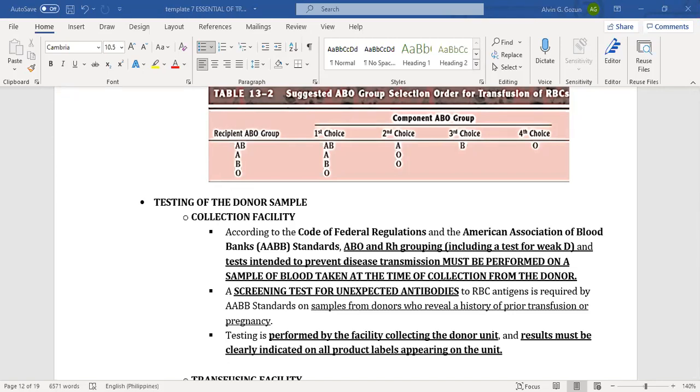Sige nga, i-check ko lang kung nagigets. Anyone? Ba't kailangan natin alamin yung antibody doon sa sample ni recipient? Bakit natin kailangan alamin?